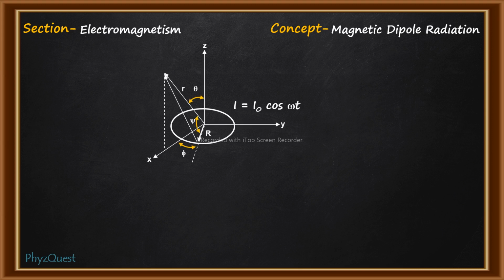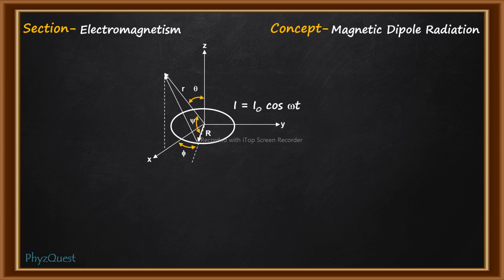Whatever 4 options are given, they all point towards the time average values of electric and magnetic field. So we need to calculate the time average values of electric and magnetic field, and the condition is that both are measured at a distance r which is much higher than c by omega, which is again much higher than the radius capital R. This is basically called the radiation zone.